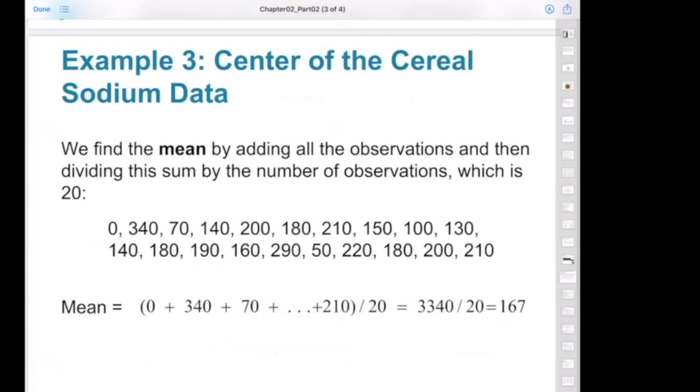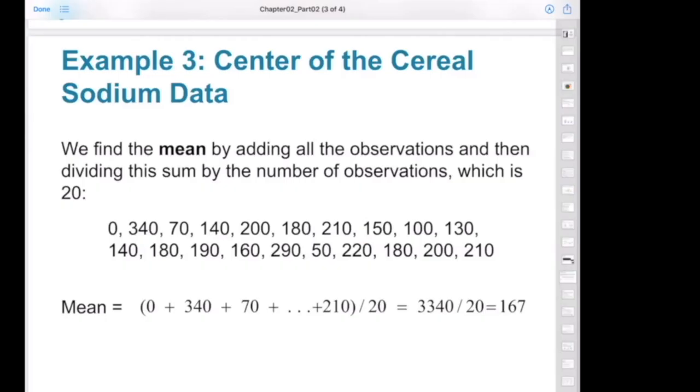So in this example, we need to find the mean of the serum sodium data, which means we need to find the center of this data. As you can see here, we have 20 numbers or observations. Okay, we have 0, 340, 70, 140.